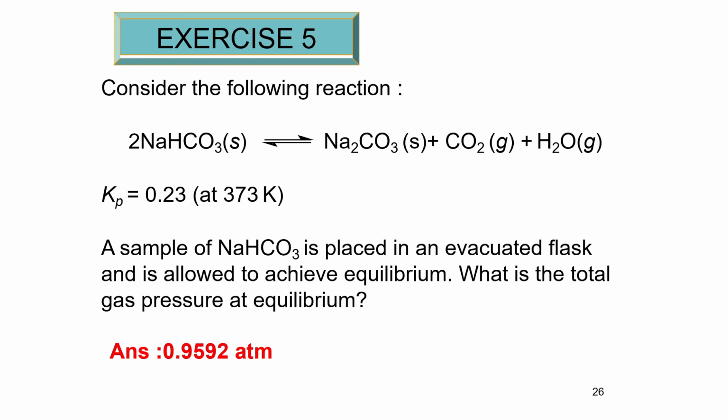You are given Kp, which is equal to 0.23 at 373 Kelvin. A sample of NaHCO3 is placed in an evacuated flask and is allowed to achieve equilibrium. What is the total gas pressure at equilibrium?